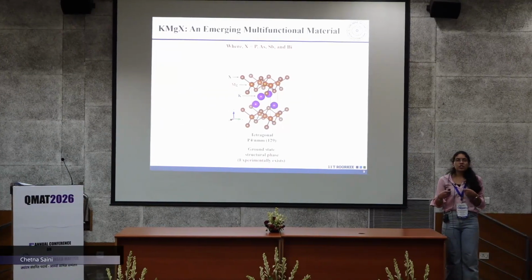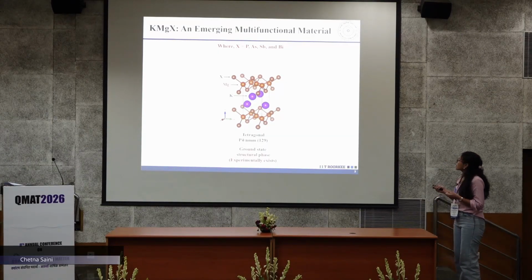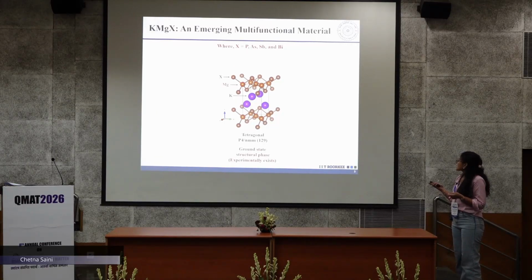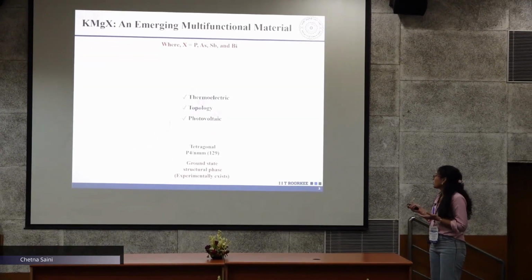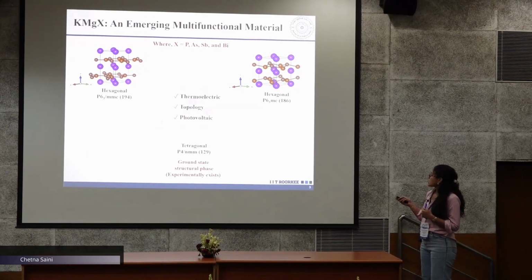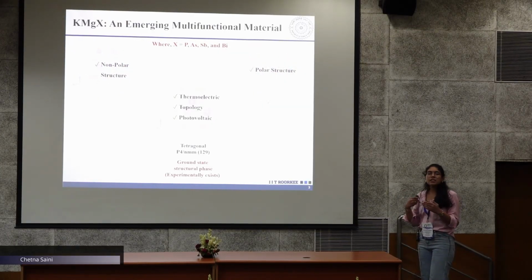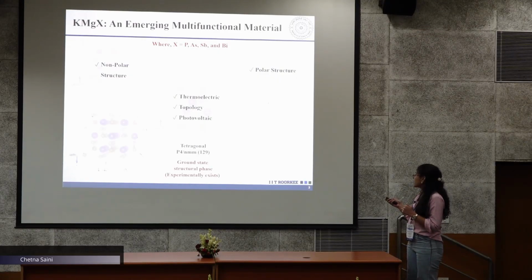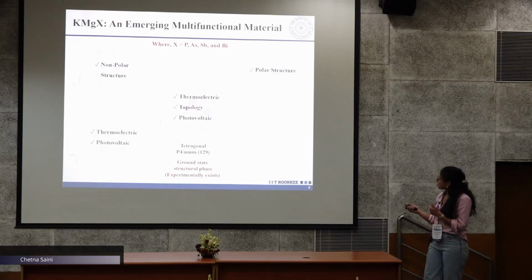Let's start with the introduction to KMGX, an emerging multifunctional material which exists in the tetragonal phase. This is the ground state phase of the KMGX family, explored for several applications including thermoelectric, topology and photovoltaic. The other predicted phase of the KMGX family is hexagonal, which exists in both polar and non-polar structure forms, suggesting its potential for ferroelectric application. The next phase is the cubic phase, which is explored for thermoelectric and photovoltaic applications.